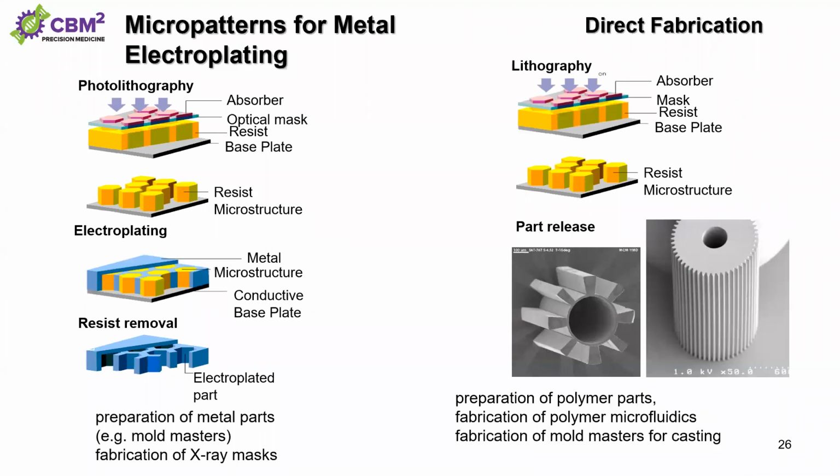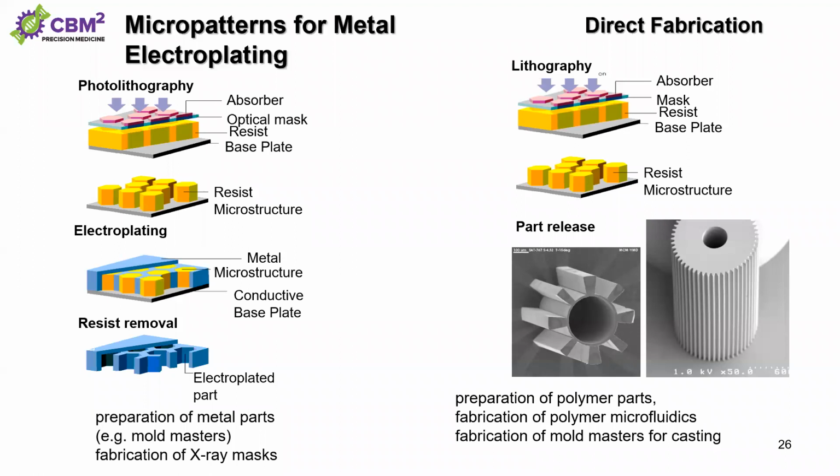Now the last part is what we can do once we make patterns with photolithography. The first thing we can do is transfer the resist patterns somewhere else. For example, we can make a mold insert for injection molding or hot embossing by doing electroplating after photolithography.